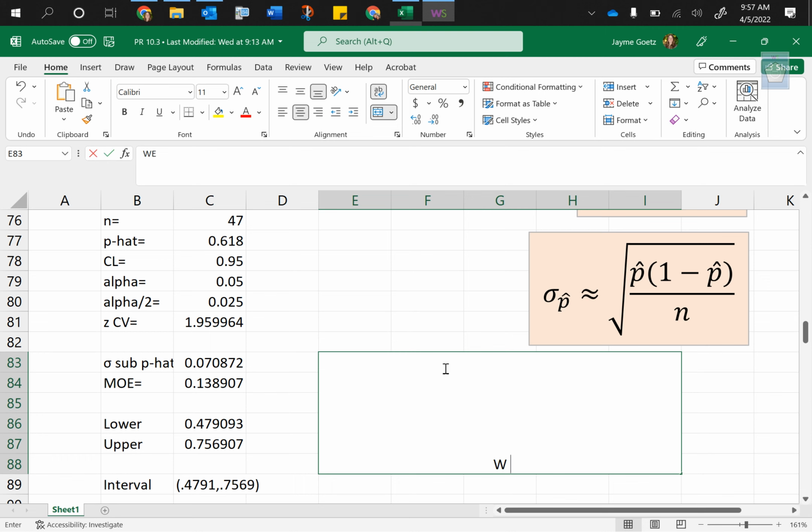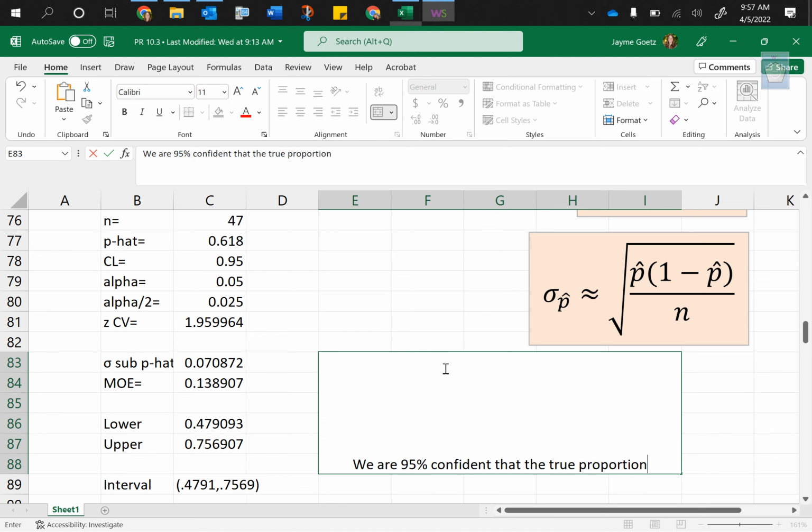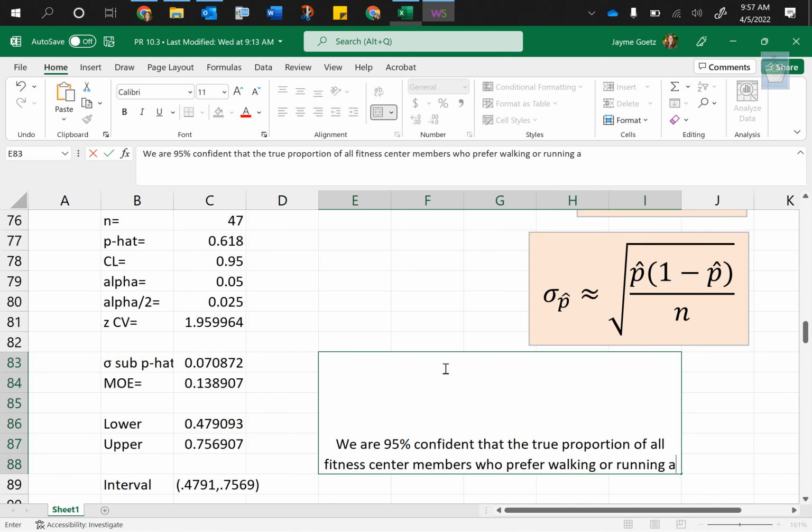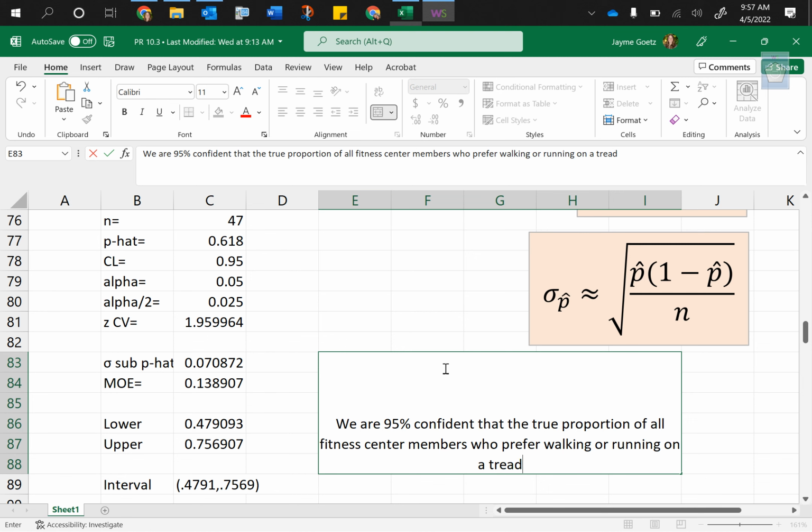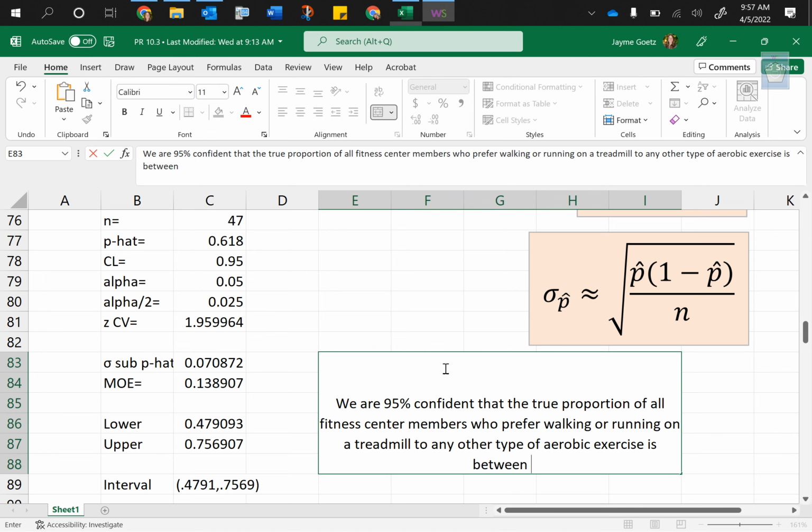So, the sentence starts with, we are 95% confident that the true proportion of all fitness center members who prefer walking or running on a treadmill to any other type of aerobic exercise is between what?